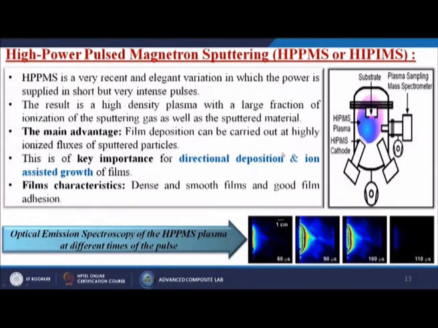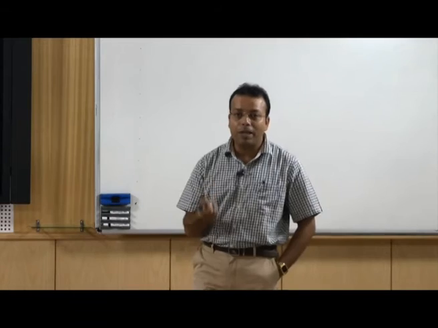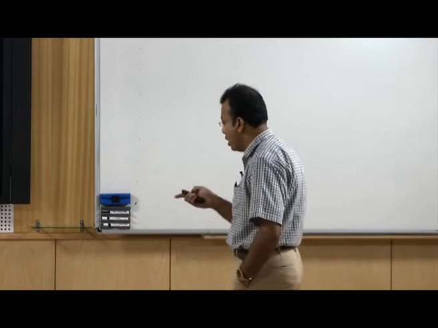Here we are showing optical images which we get for various samples during the HPPMS plasma process, the optical emission spectroscopy of the HPPMS plasma at different times of the pulse. If we increase or decrease the pulse, that means for 80 microsecond, 90 microsecond, 100 microsecond and 110 microsecond, how much thickness we are going to achieve, or how the material looks.